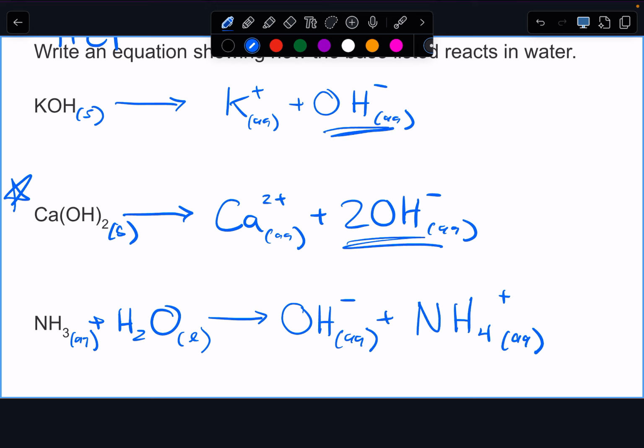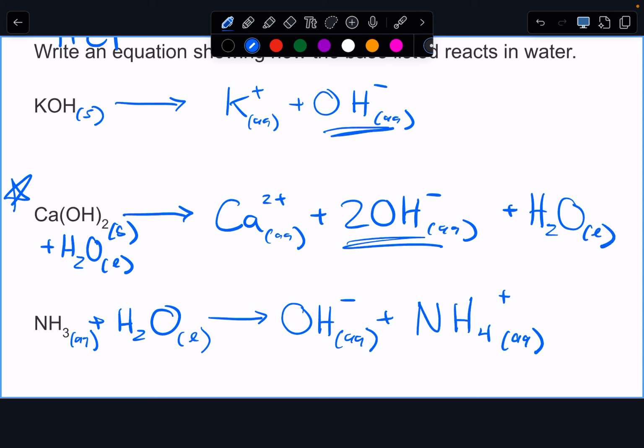Are you able to do the second one? Can you write out the water? If you did, you would just have water on one side and water on the other. So if you showed this, it would just be water over here as well. So it would be like a spectator molecule.